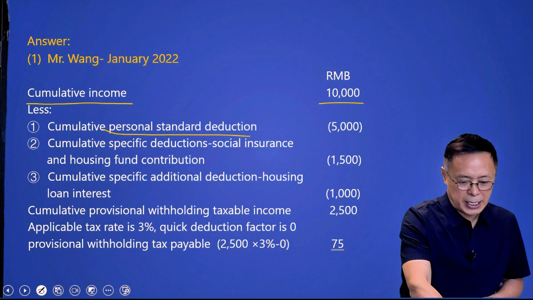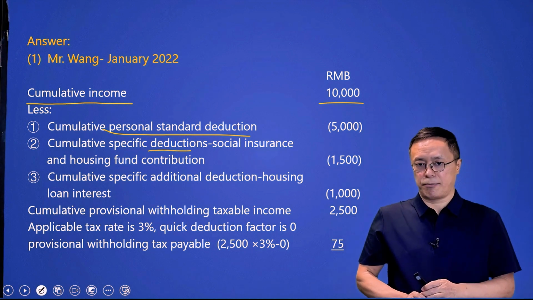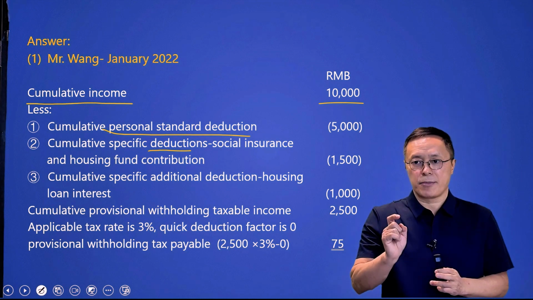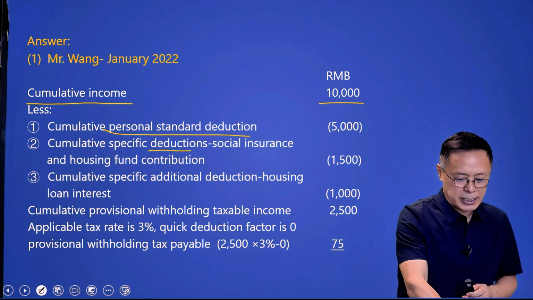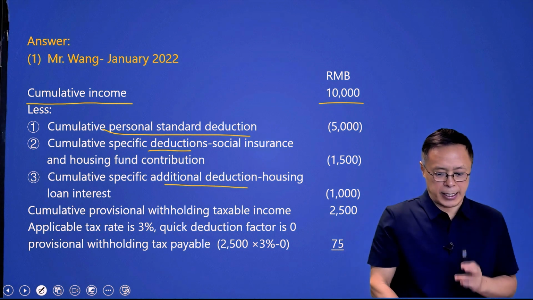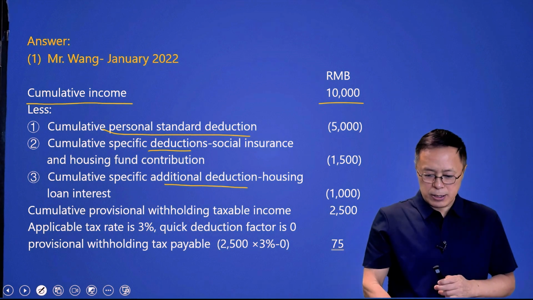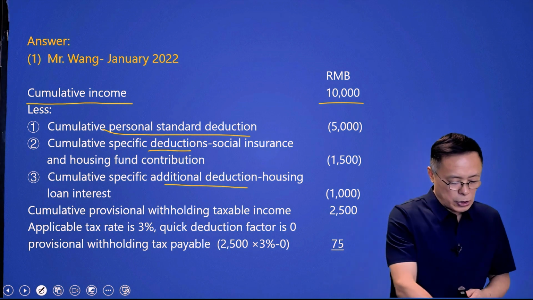Less cumulative specific deductions, which is social insurance and housing fund contribution. 1 month, so only 1,500. Continuing, less cumulative specific additional deduction, which is housing loan interest. Only 1 month, so the amount is 1,000.